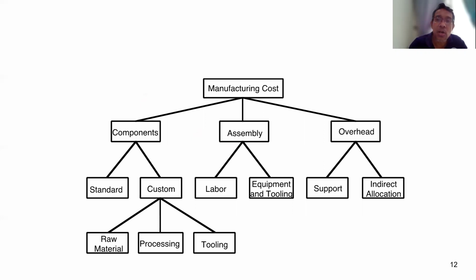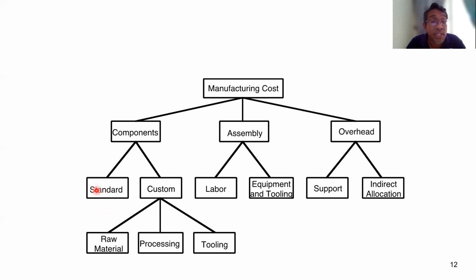For components, the cost of the component includes the standard and the custom parts that I introduced before. The components of the product may include standard parts, which we purchase from suppliers or vendors. And then we also have custom parts. Standard parts are like motors, screws, switches, and electronic chips.